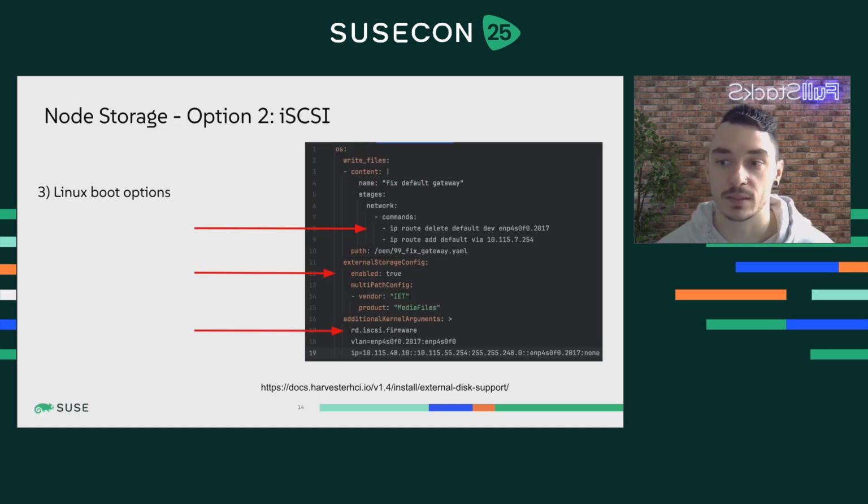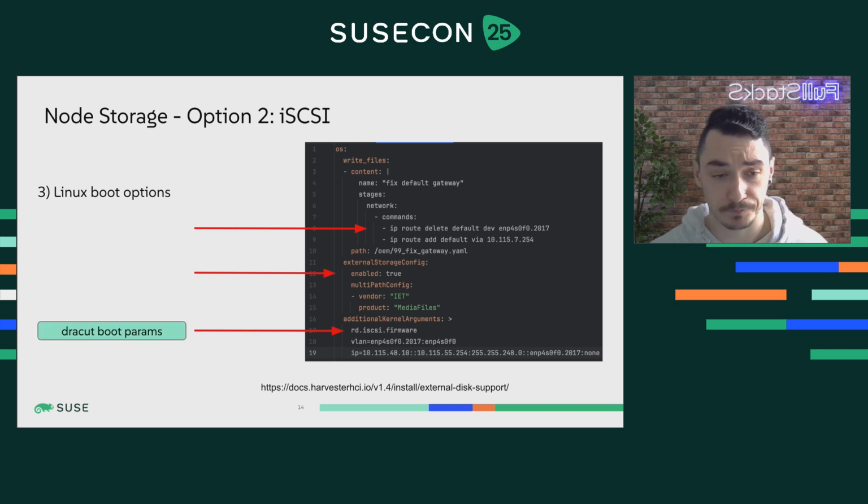Once you do that, Harvester is configured properly, which is great, but you also need to specify one more parameter in the configuration. Again, this is all documented, so rest assured you can also read about that. But you need to specify these Linux boot options at the end of the day to also be actually able to boot into the root volume once the kernel starts. So what you're going to do here, you're going to specify these kernel boot parameters that pretty much tell the kernel to enable the iSCSI boot firmware and to specify the iSCSI target where you want to boot from, or which you want to mount as the root disk.